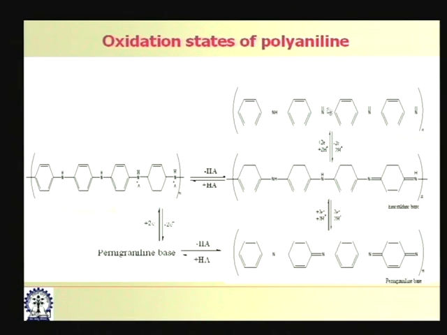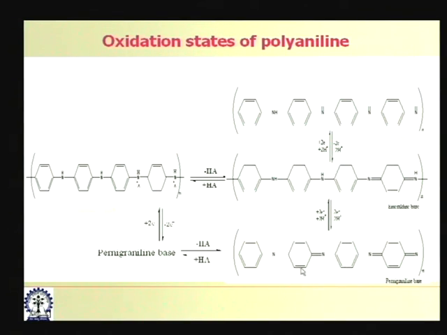This is the imine structure, okay. And this is actually the pernigraniline base. These structures are available in books, or in papers published in journals like Synthetic Metals or Sensors and Actuators B. You can see those journals.